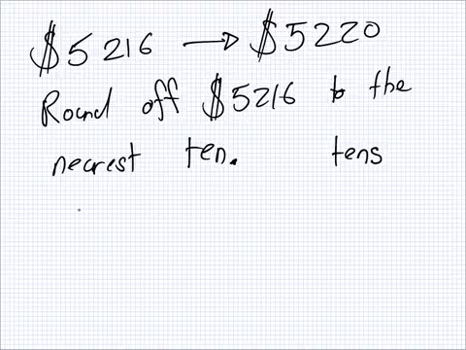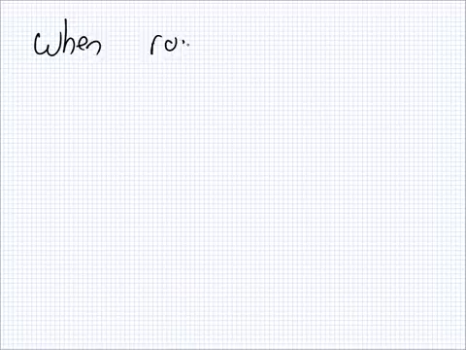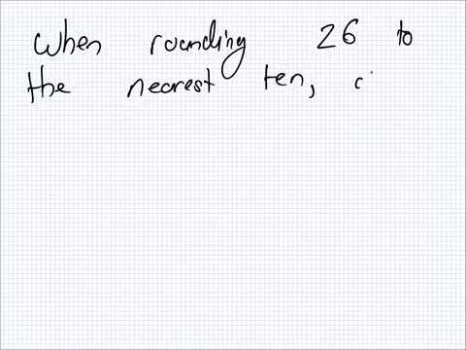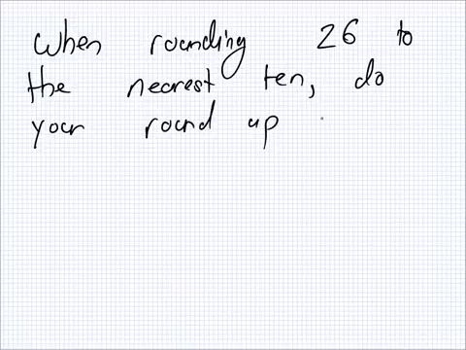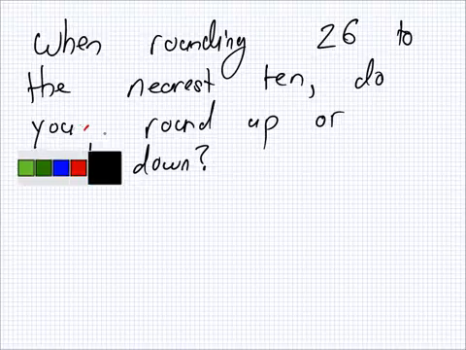Now, if the teacher then says something like this: when rounding 26 to the nearest 10, do you round up or round down?